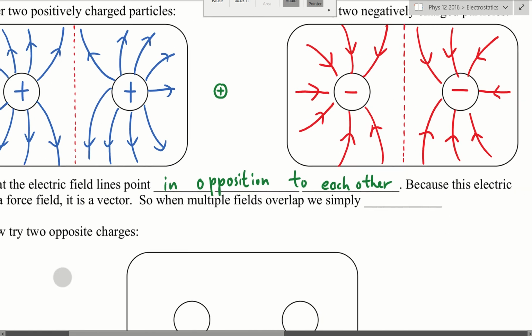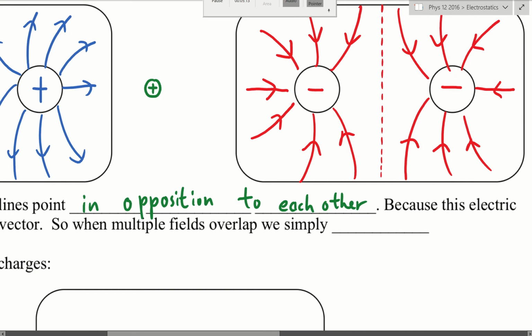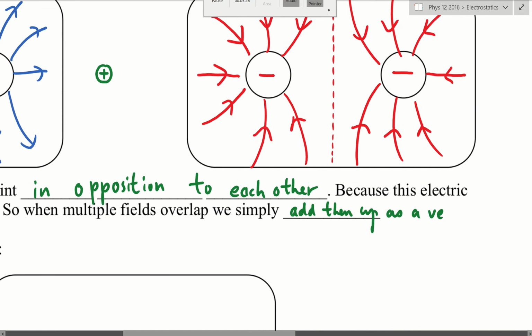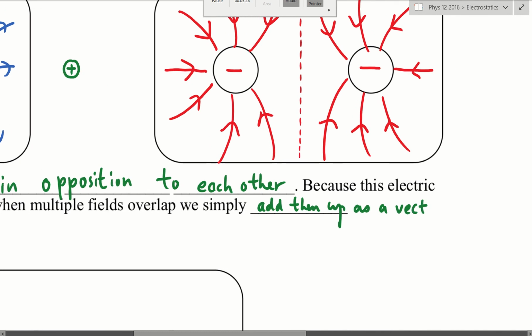So when multiple fields overlap, we simply add them up as a vector, and you will see how that is something you have done, like adding forces and adding speed, later on when you have two charges in the same space.